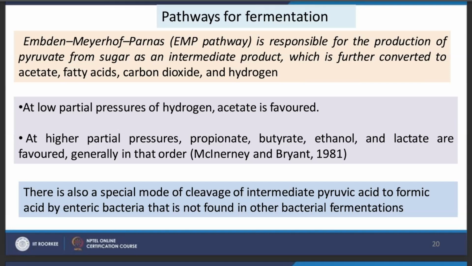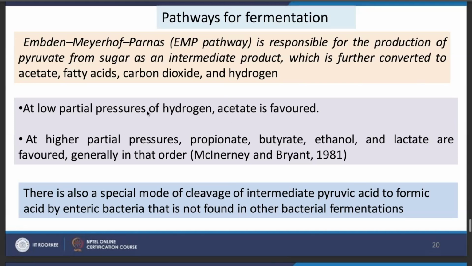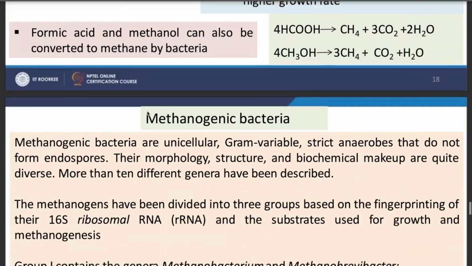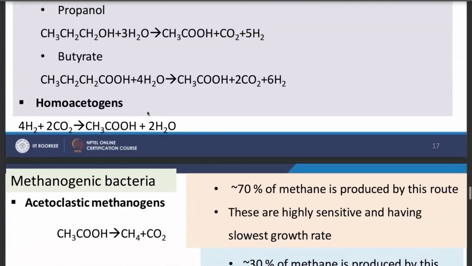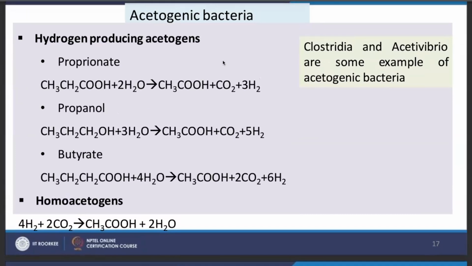So if we have low partial pressure of hydrogen, the pyruvate will predominantly get converted into acetate. And this acetate, in later stages, we will use to make biogas, right? At higher partial pressure, this pyruvate will get converted into other types of products, such as propionate, butyrate, ethanol, and lactate. As we have seen in the previous slide, propionate and butyrate also can be converted into methane, right? If we use the right acetogenic bacteria.